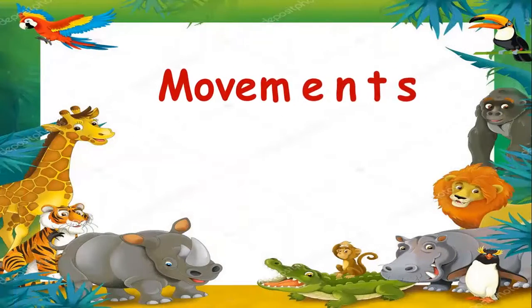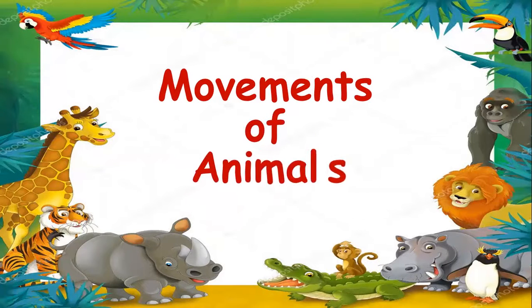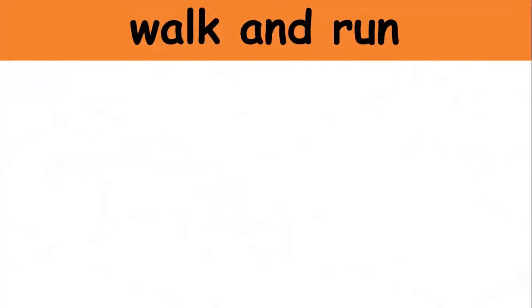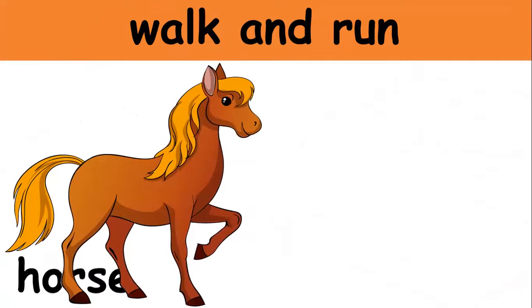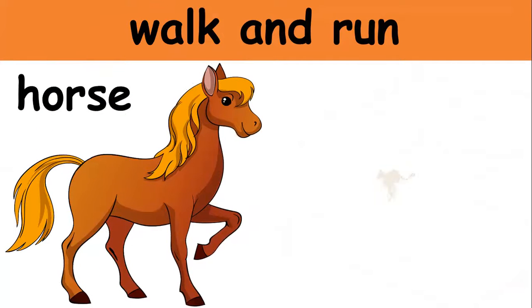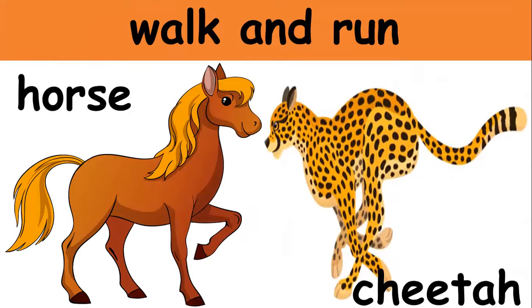So the last is the movements of animals. Let us identify the movement of animals. Animals who can walk and run, such as the horse and such as the cheetah. They can walk and run. They're able to walk and run because of their legs.